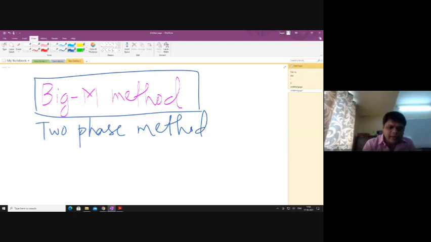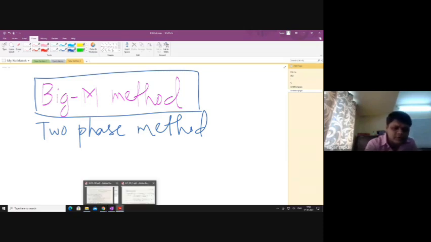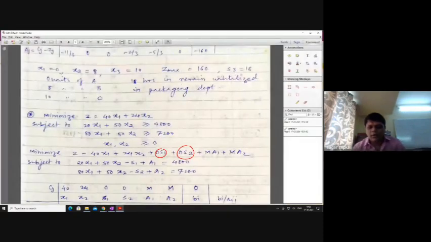Why it is called big M is because we are going to add A1 and A2 to the objective function as well as they are there in the constraints, but we are going to consider a very big amount as a coefficient for A1.